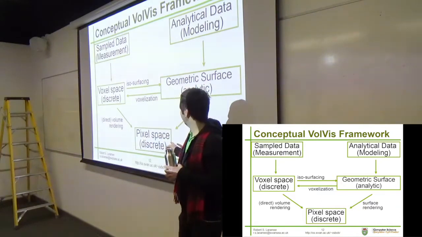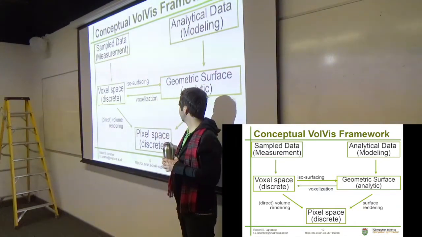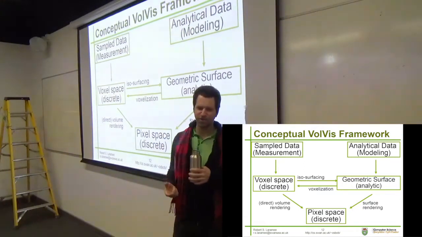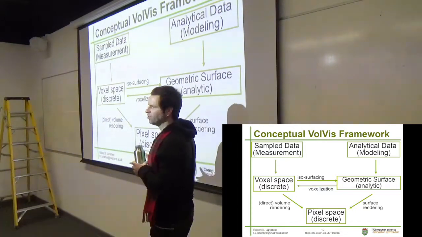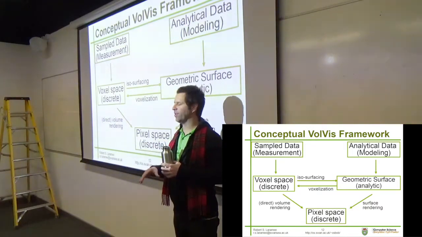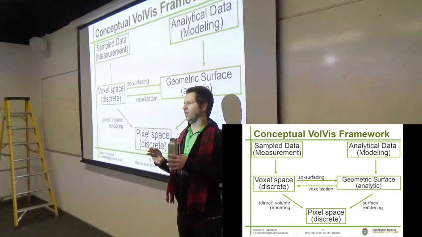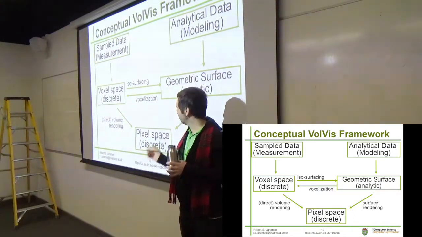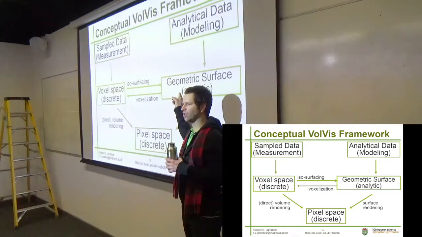So if everybody heard, what about going backwards from 2D to 3D? That is very possible, and I would say it's an area of research. It's an unsolved problem. There are many solutions, but I wouldn't say that it's classified as a completely solved problem. But there are lots of ways to go from 2D to 3D.